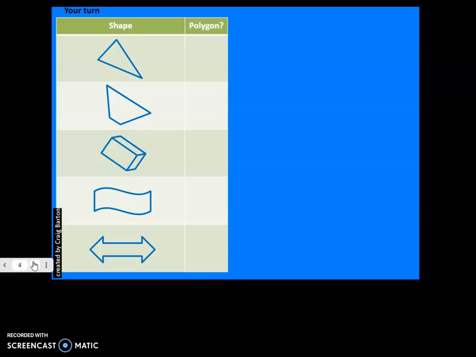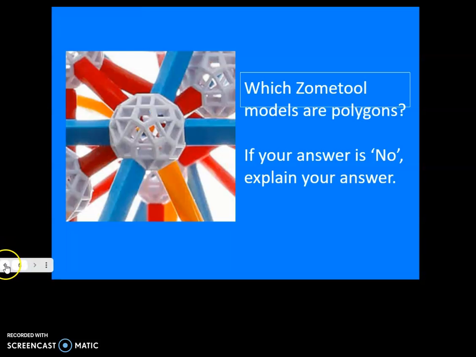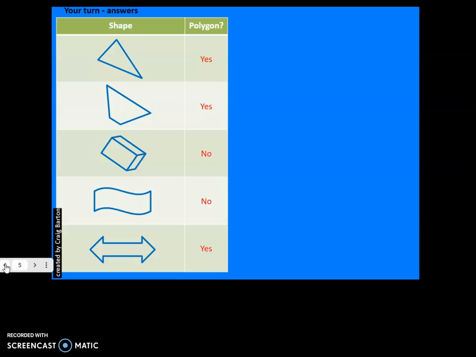So, you'd write down your answers for these 5 here and tell me which ones you think are polygons, which ones are not. Okay. So hopefully you selected the first, second, and the fourth as polygons. The third one doesn't work because it has 3 regions instead of 1, and the fourth one doesn't work because it's made up of curved edges.